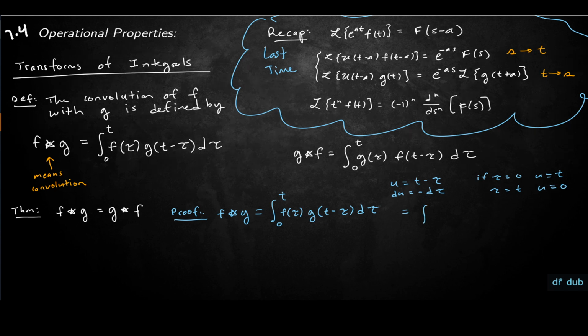So this becomes the integral from t to 0 of f of t minus u g of u negative du, which is the integral from 0 to t of g of u f of t minus u du, which is g star f.